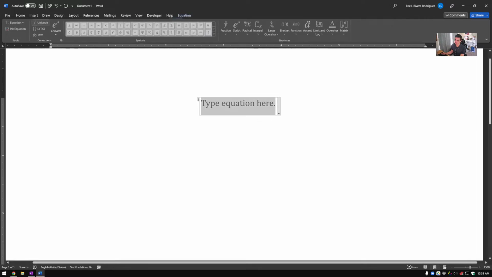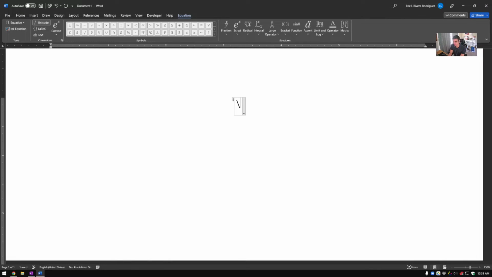In this box, we can start writing equations. They are codes to write math, and I don't expect you to know those codes. But if you are interested in learning those codes, let me know. I have a document with all the codification so you can present your work properly in Word.